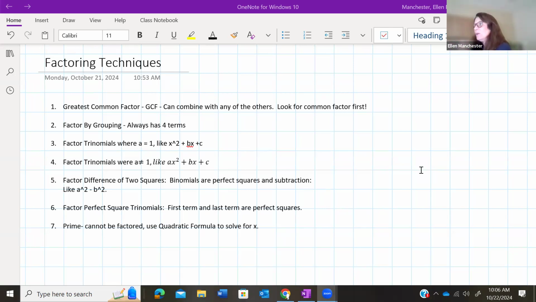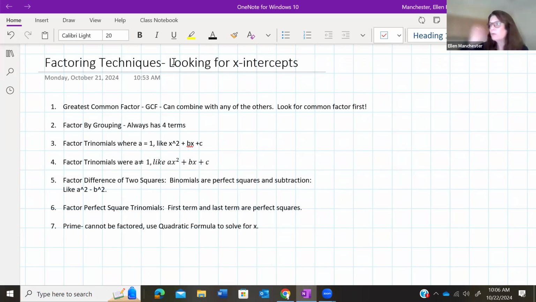So with factoring, what you're doing is you're looking for x-intercepts. That is something that you have to really get in your brain and realize that all of these techniques, what you're doing is you are looking for x-intercepts.